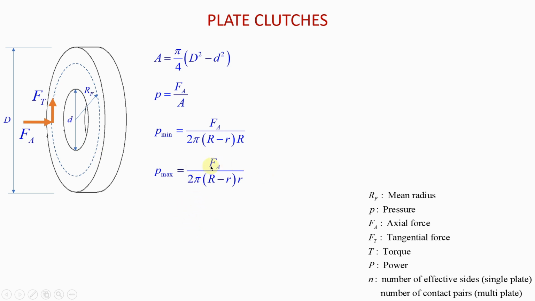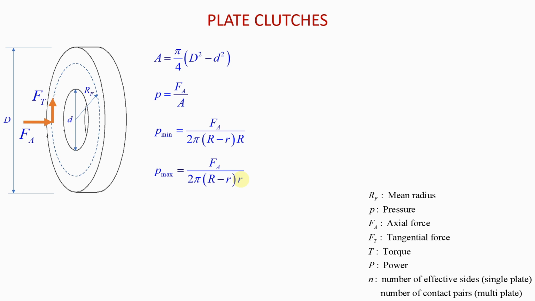Very important, and the equation for it is that. At first glance, you may think that these two equations are exactly the same, but they are not. The difference is that in the denominator for the minimum pressure you have the outer radius, whereas in the denominator for the maximum pressure you have the inner radius, okay?